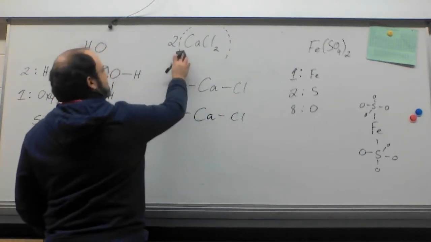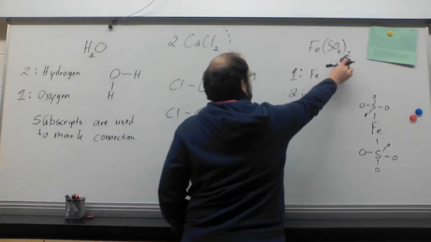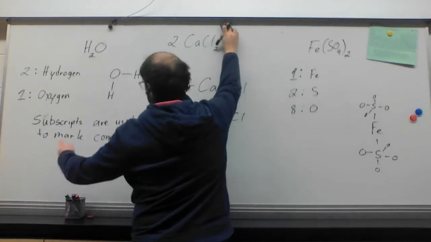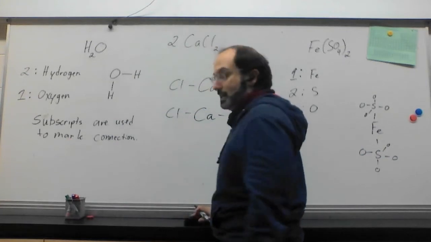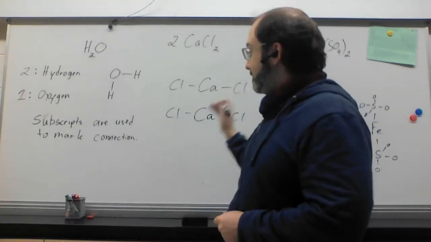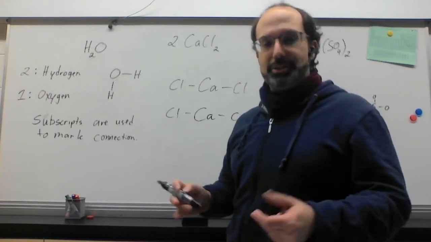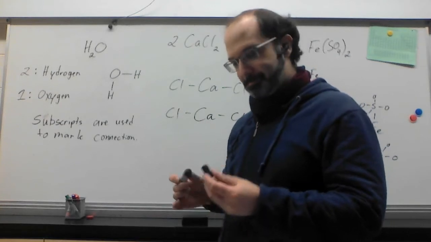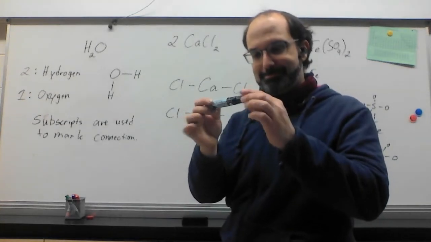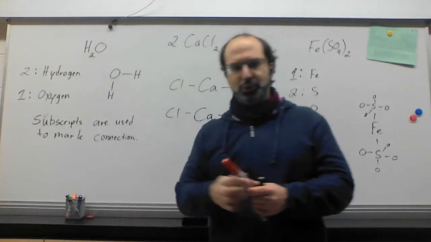Now, why did we bother putting it on the outside instead of a subscript like we did here? It's because of this first rule. Subscripts are used to indicate that they are connected. These are not connected. They are 2 separate chemicals. An analogy. My marker. It's got 2 parts. They're connected. I have 2 markers.